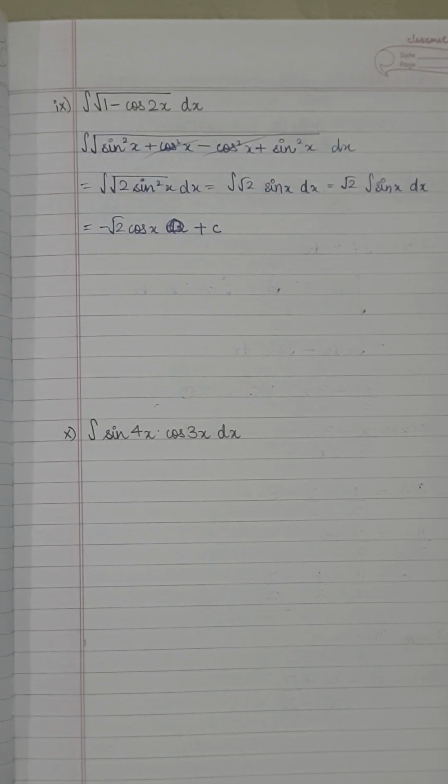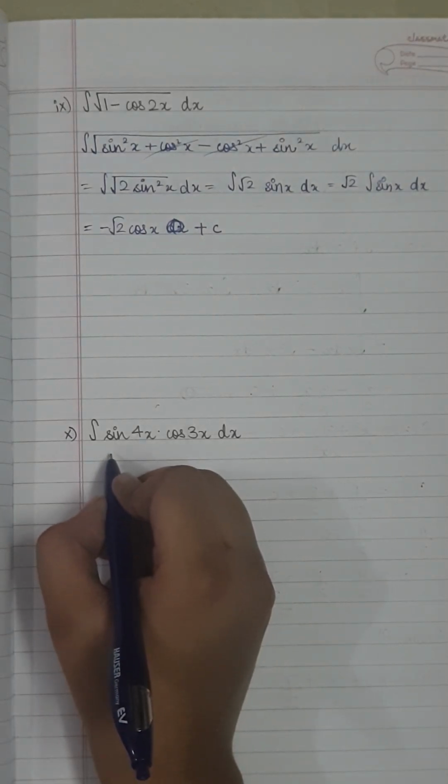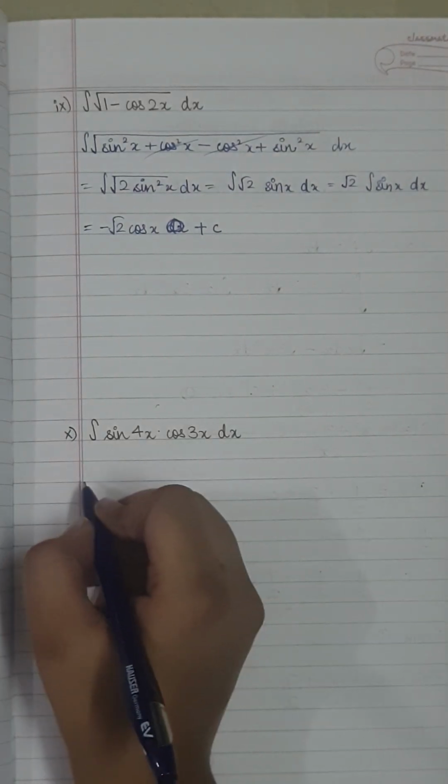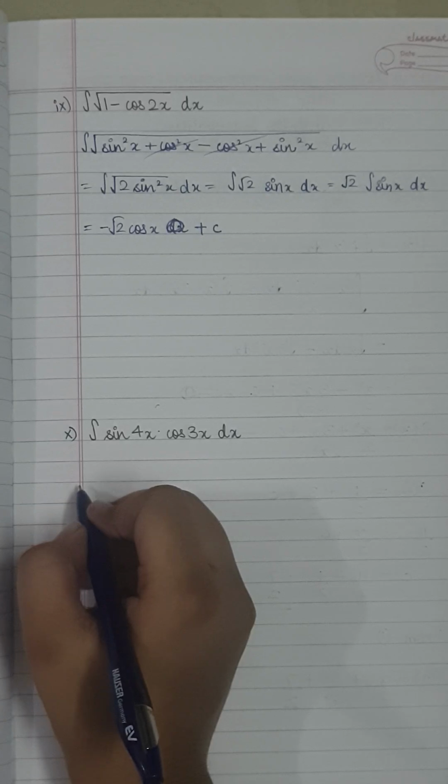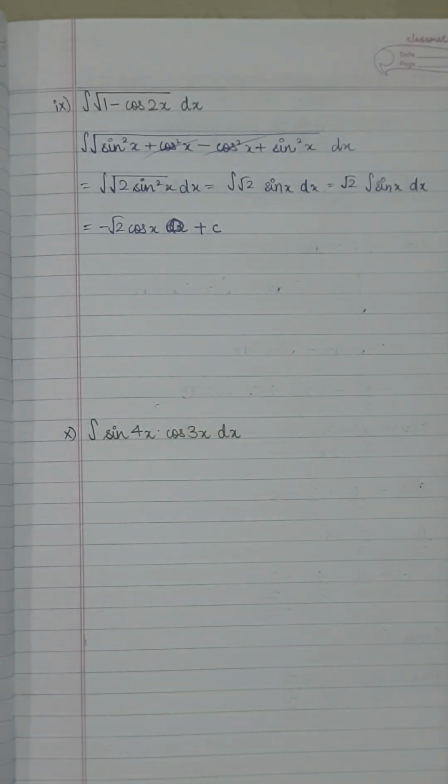Moving on to the 10th and the last sub question of this video, this question. Sine 4x into cos 3x. Now, if you think of it, let 4x be a and 3x be b, right? Sine a cos b, had it had a 2 before it, it would make the form 2 sine a cos b.